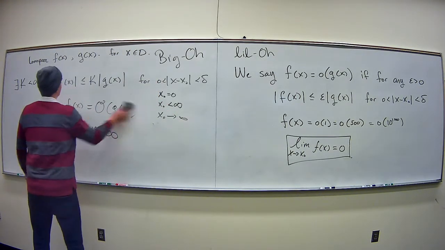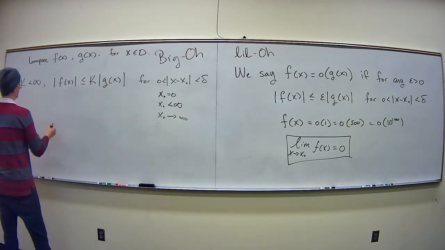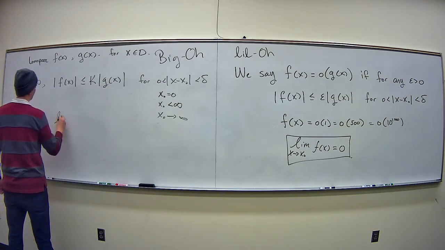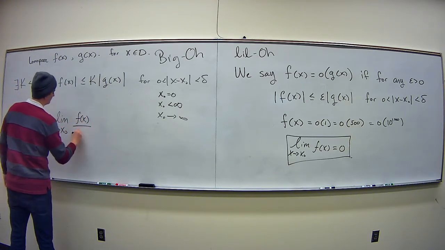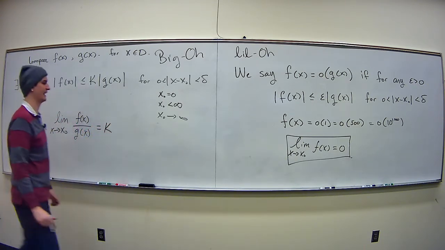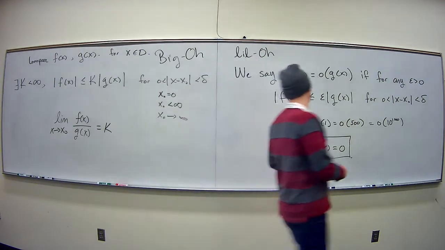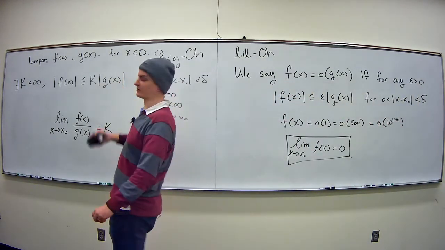Even in this case, the limit definitions are sometimes a little easier to work with. So this definition really is saying the limit is k. That's all this is saying. It's for any arbitrary thing.